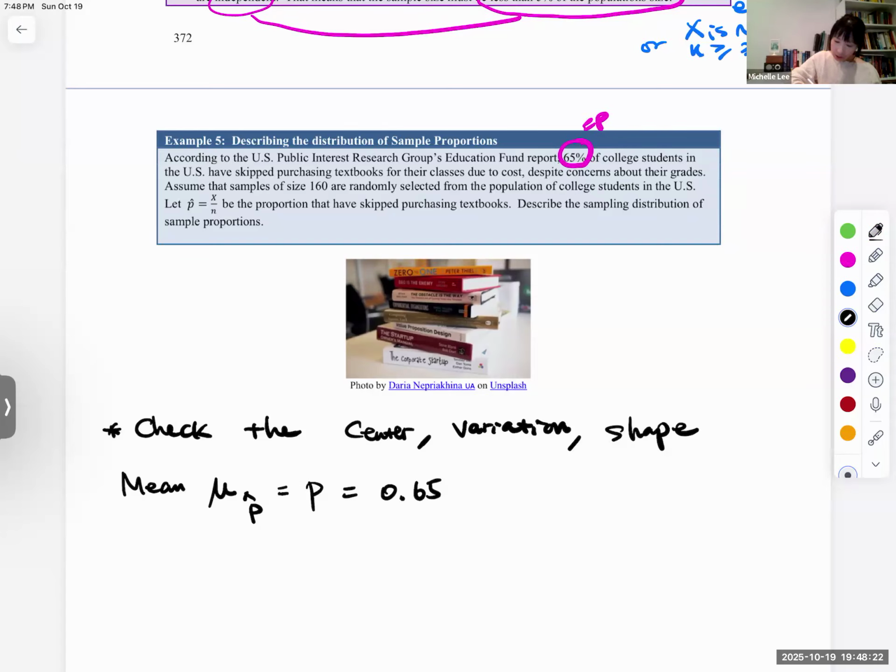Okay, and variation, standard deviation, sigma sub p hat. We have a formula: square root of p times 1 minus p over n.